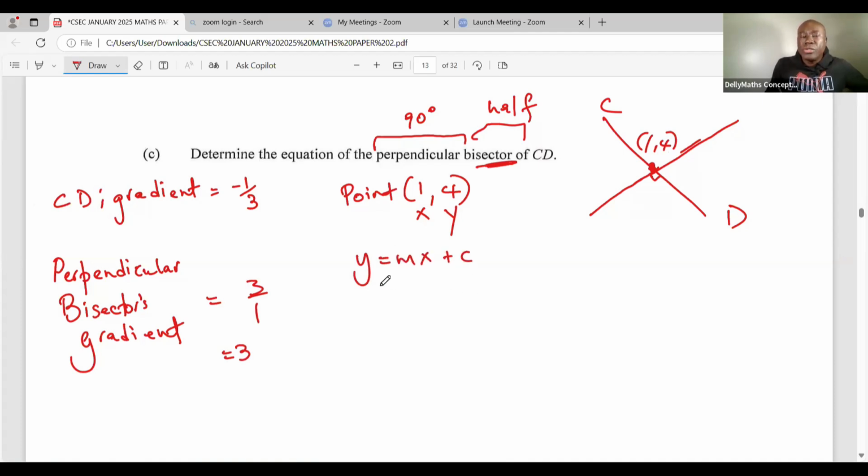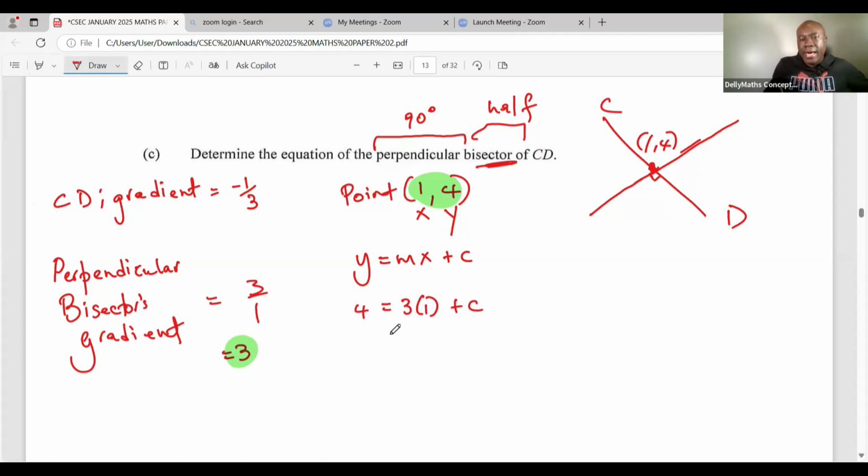So I'm going to substitute y, x, and m, find my y-intercept, and then rewrite this. So I'm going to substitute this point (1, 4) along with this slope in this to work it out. So 4 is equal to m, the slope 3, x is 1, plus c.